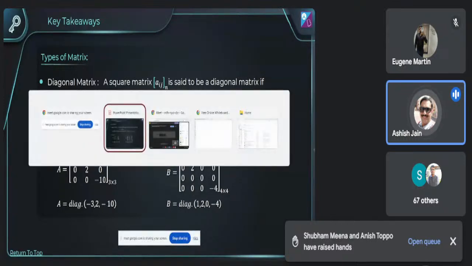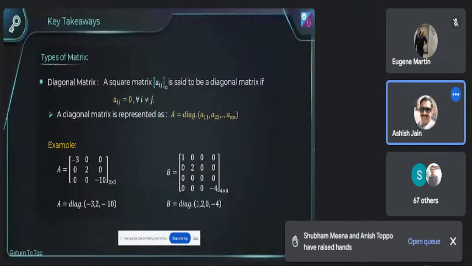Such a matrix is called the diagonal matrix, and we can represent a diagonal matrix as A is equal to DIAG. Inside the bracket, with comma separation, you write the elements of its principal diagonal. So we can write capital A as DIAG -3, 2, -10.